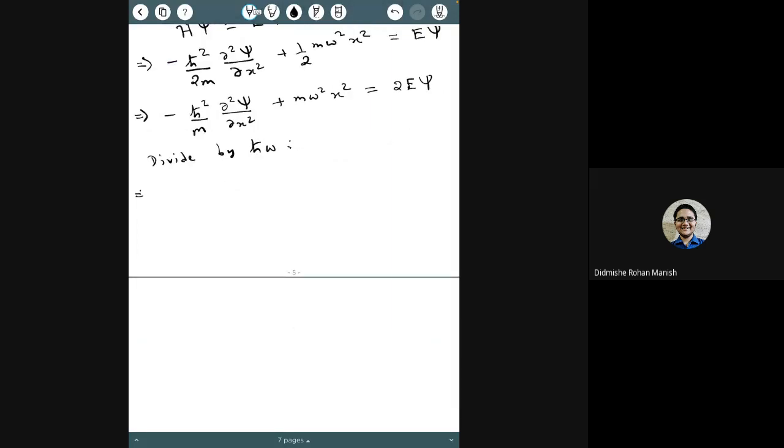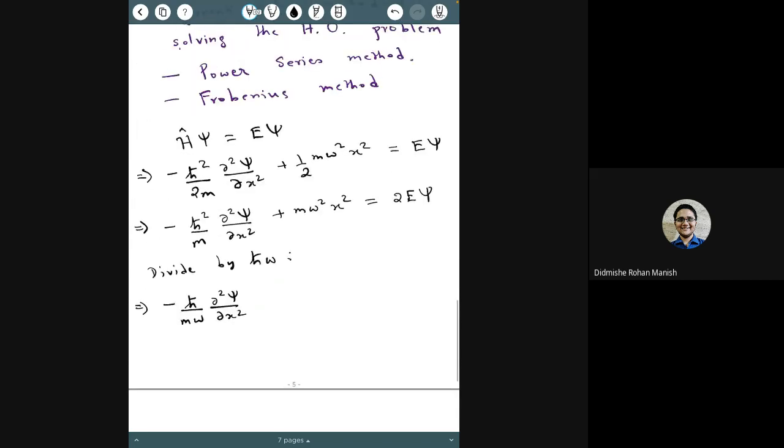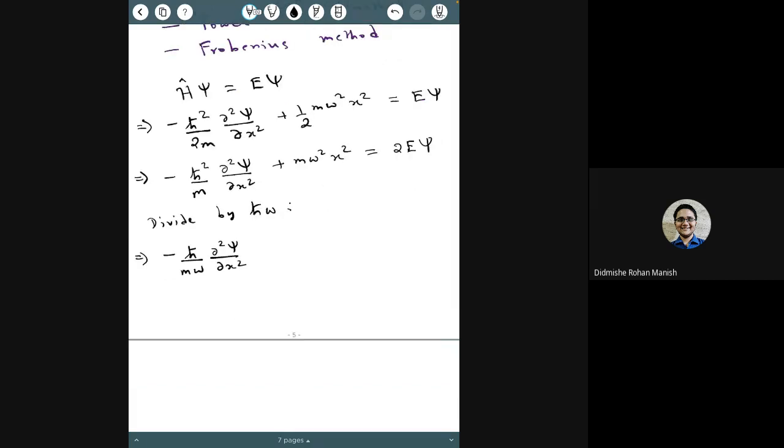And I get h cross by m omega. Isn't there a psi multiplied to half m omega square x square? Yes, of course, there is. Sorry, no. Not the whole bracket, right? It should just be this one.